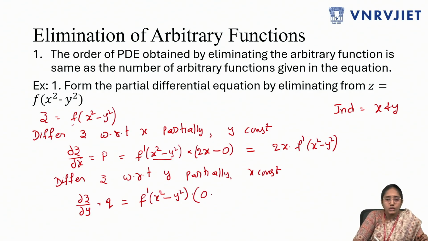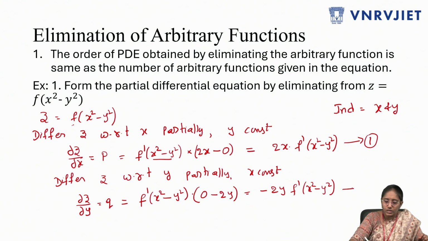The derivative of x square is 0, and the derivative of y square is 2y. Now simplify this: minus 2y into f dash of x square minus y square. Let us consider this one as equation 1 and this one as equation 2.